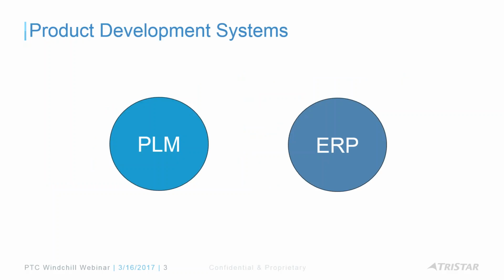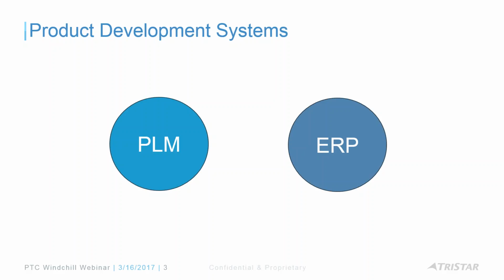Today on the market there are really different systems for product development data, primarily PLM, the engineering side, upfront before items get released to manufacturing. PLM systems, PDM being a subset of that, product data management, PLM, product lifecycle management.